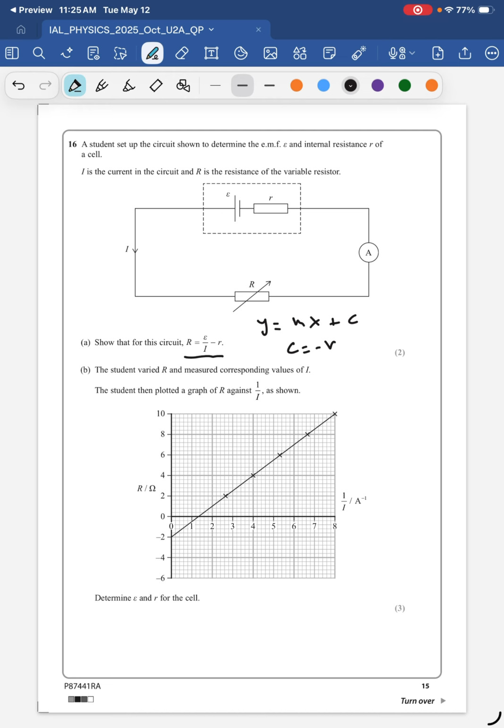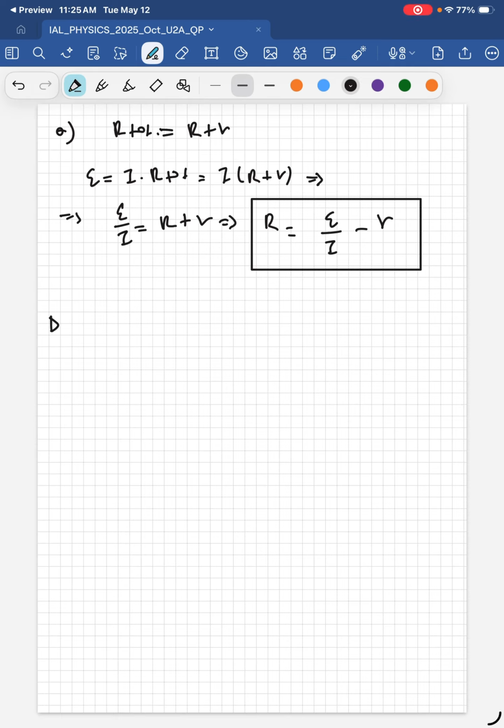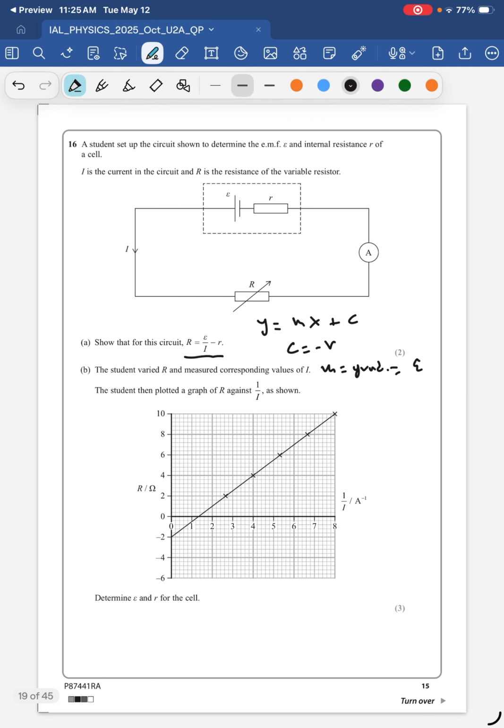So c is minus r, and m, the gradient, is equal to the EMF. So let's go back here and immediately write that minus r is equal to minus 2 ohms. So r is 2 ohms. You can see it over there.